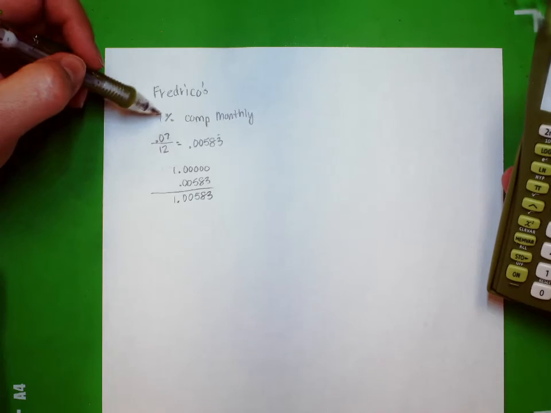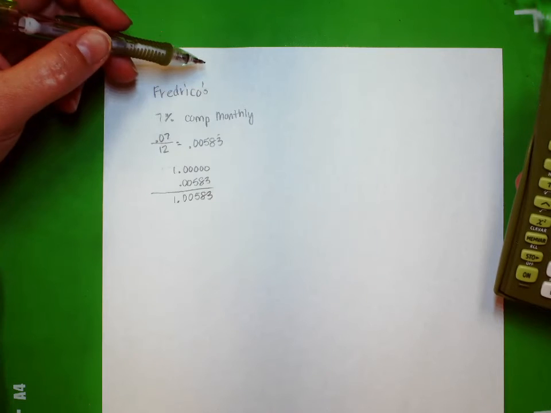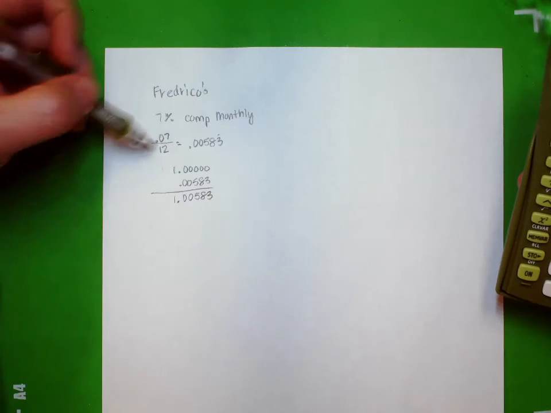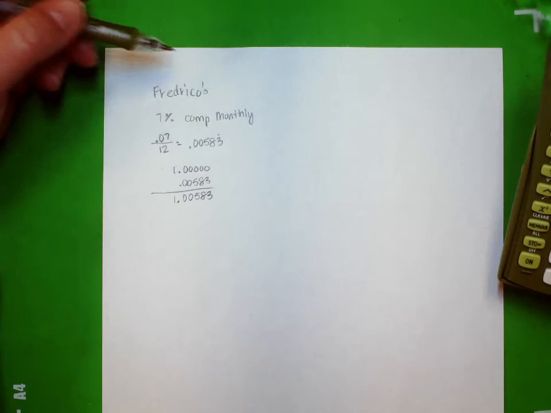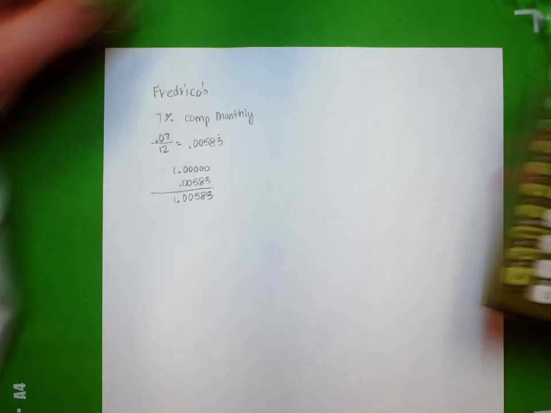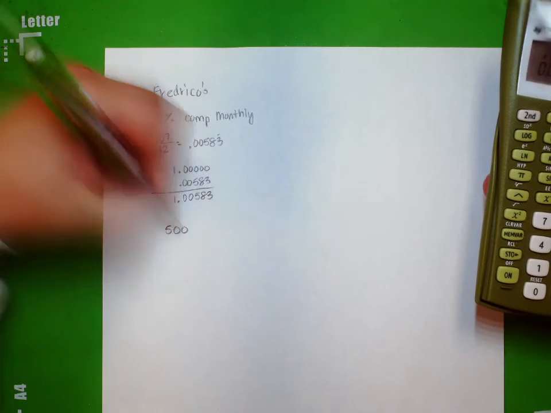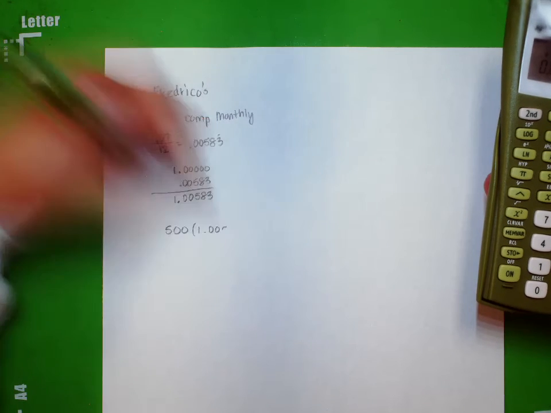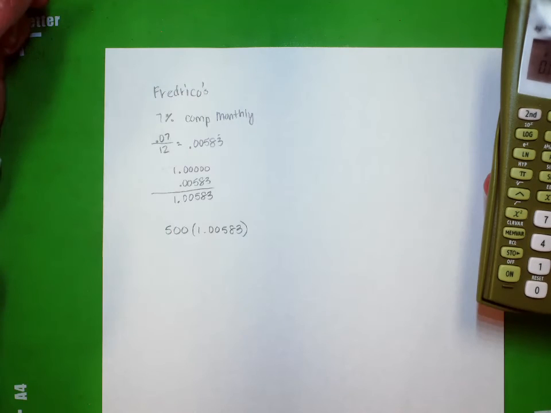You're asked to calculate how much money would be in this account after 10 years. How would we do that? It'd be helpful if we had an equation. We were told that she started with $500, so our starting value is 500. We know the multiplier is 1.00583, and it's going to be after 10 years.